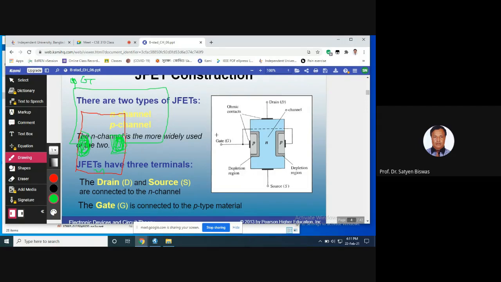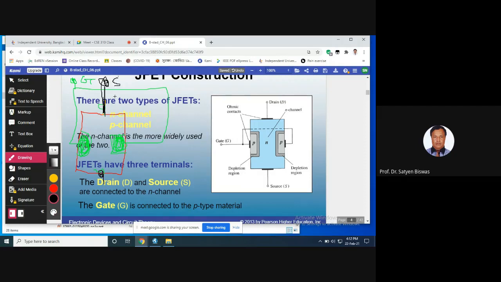We consider this the gate, and now in this terminal, okay, we put a black color. Let's say this one we consider a source or drain or whatever. Both are the same terminal. We can consider either side as source and either side as drain.